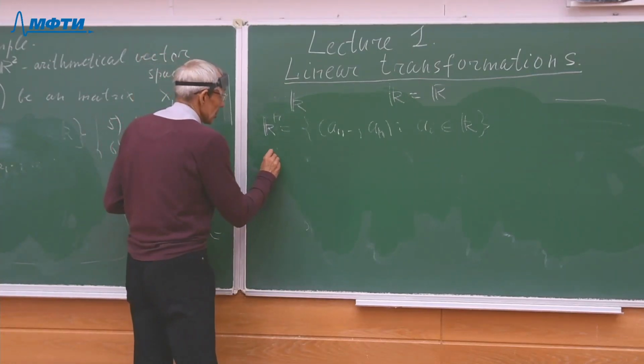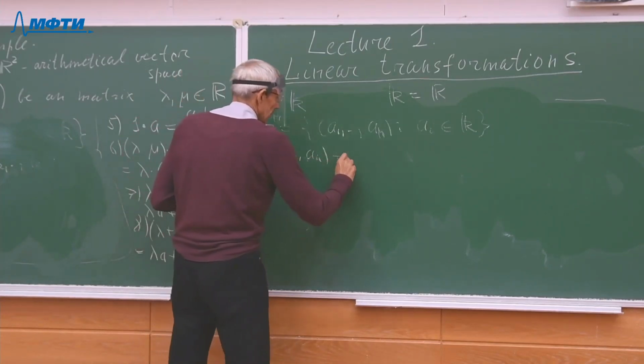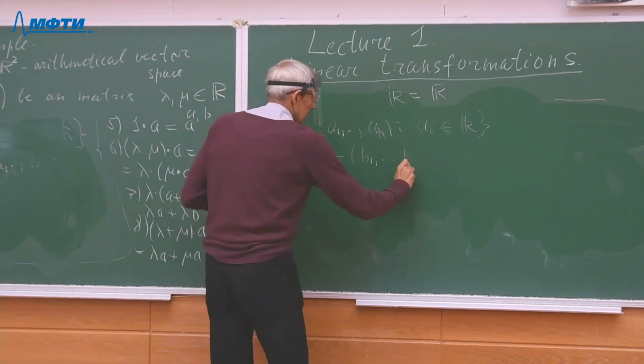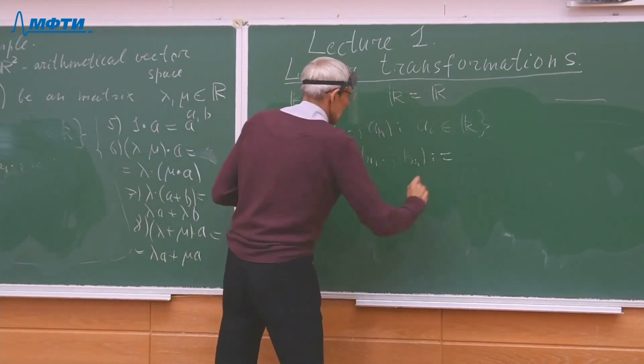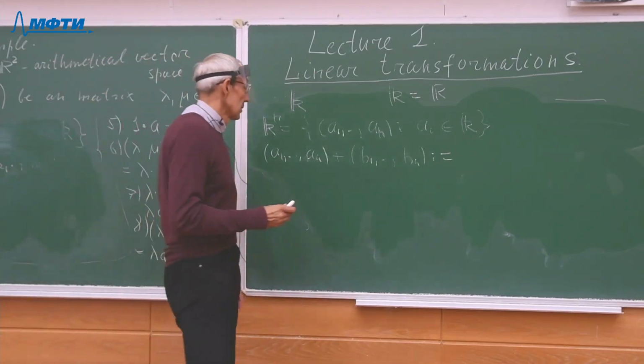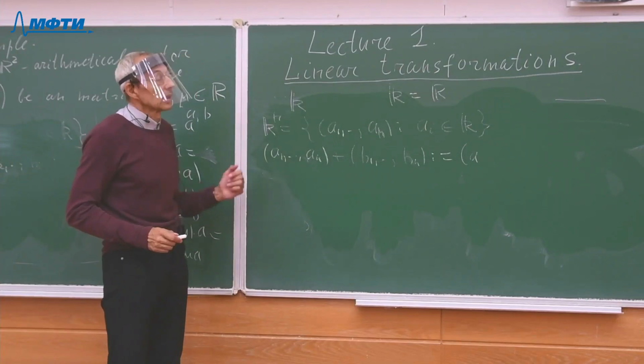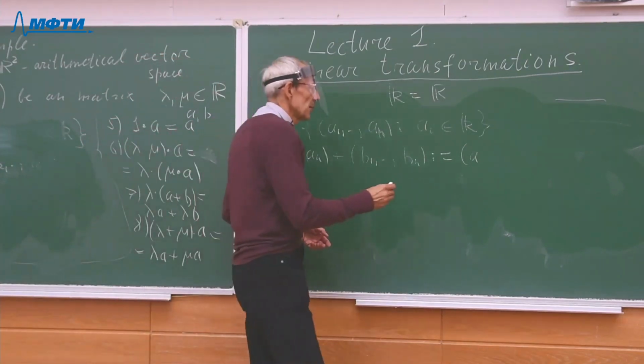Vector addition, by the following formula: if we have two such n-tuples, I can define their sum.